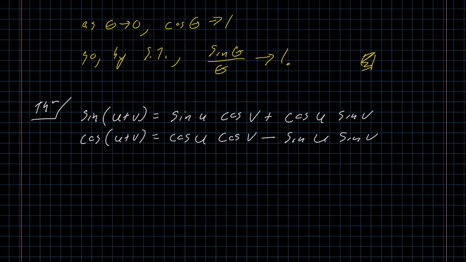I'm not going to go through and prove that, but using that and using our limit that we got from the squeeze theorem, we should be able to figure out the derivative of sine of x.